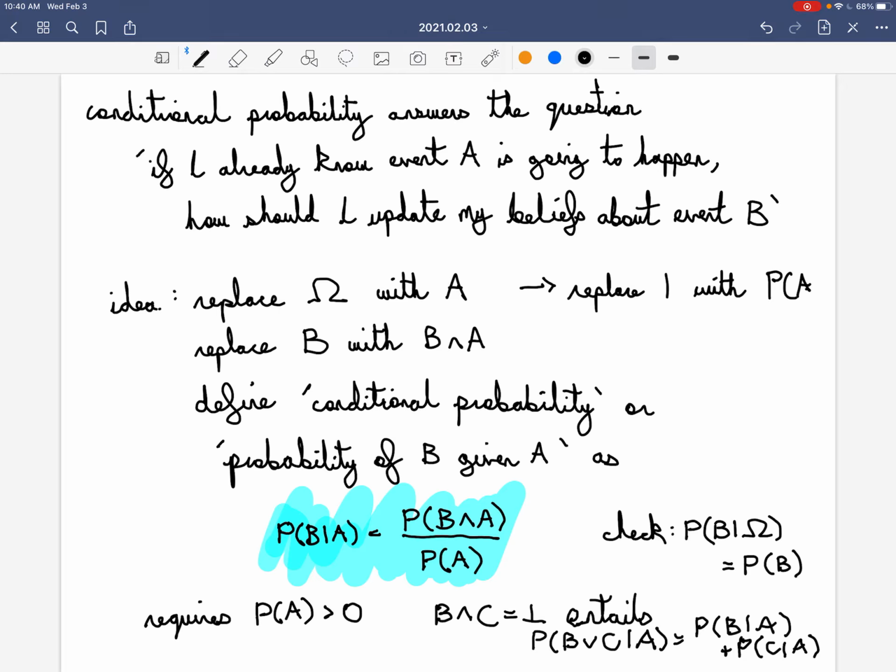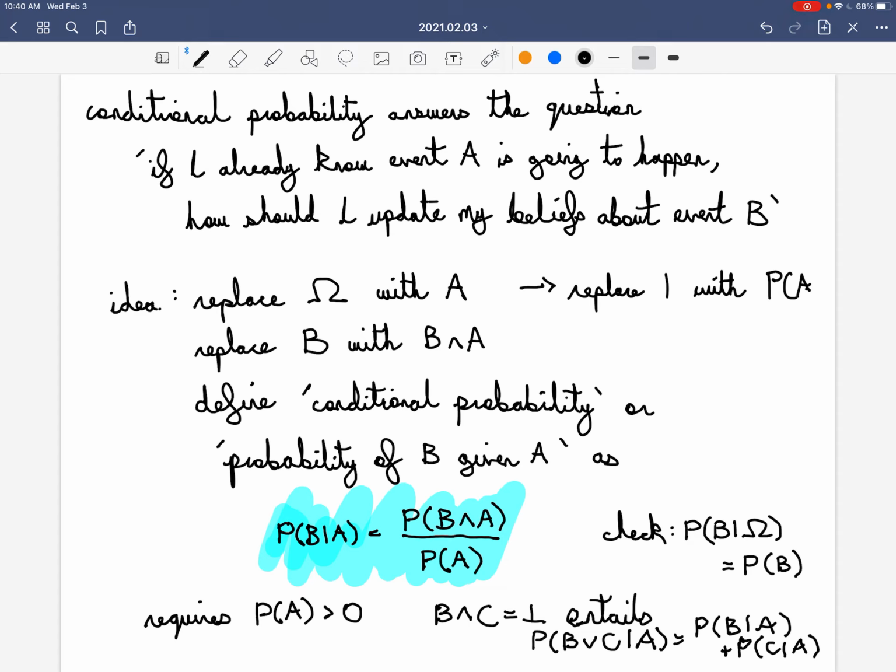I try to do the lecture notes so that the most important things to remember are highlighted in teal, and the most important thing to remember here is the conditional probability formula.